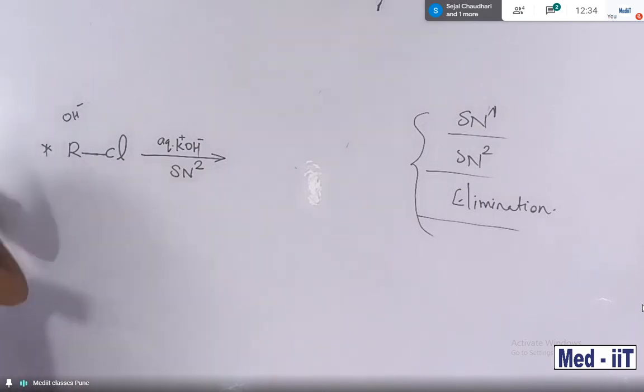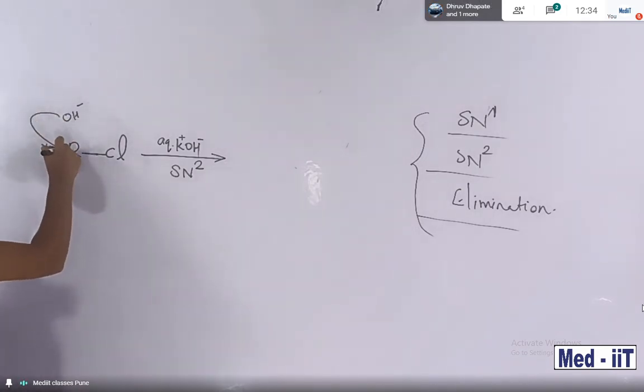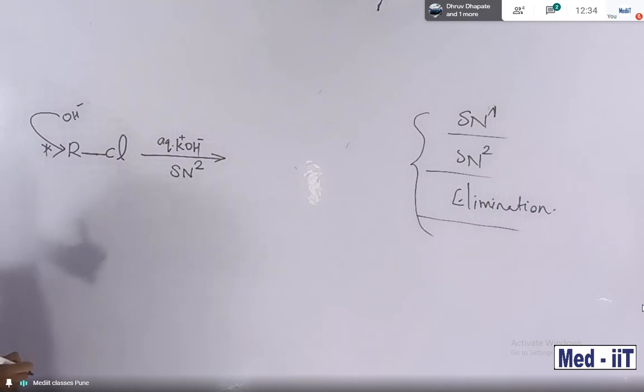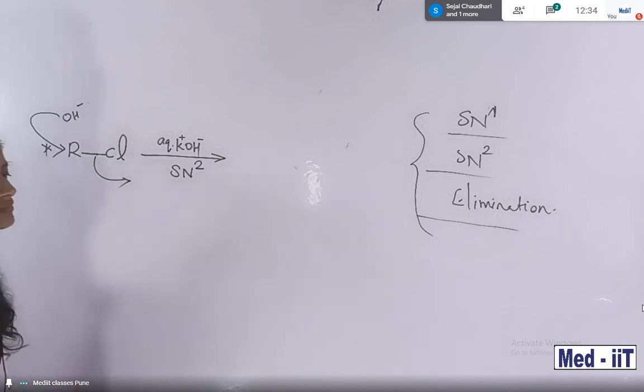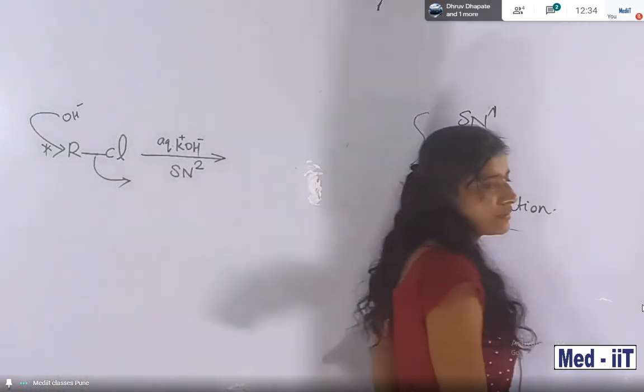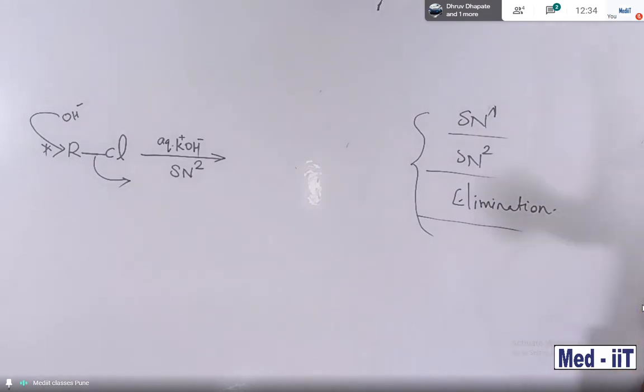This nucleophile is entering the reaction. As a result, this bond is going to break. So what about the product? This much clue I gave to you, so then tell me what about the product.